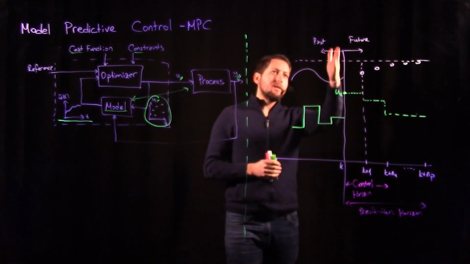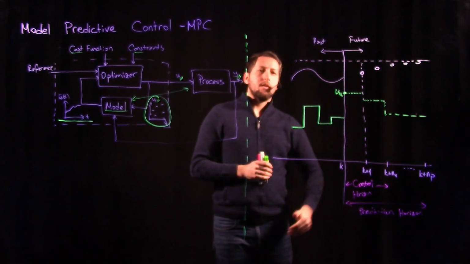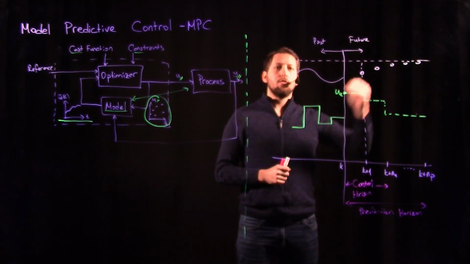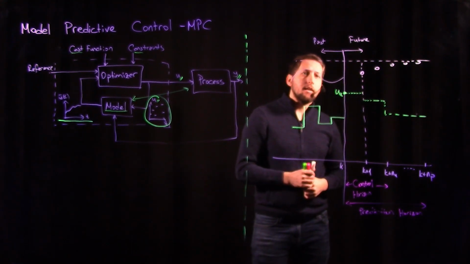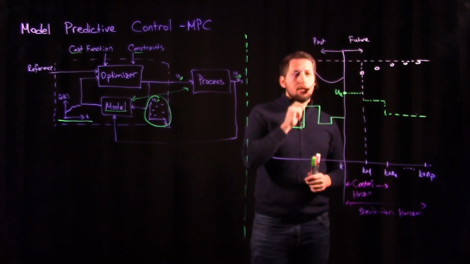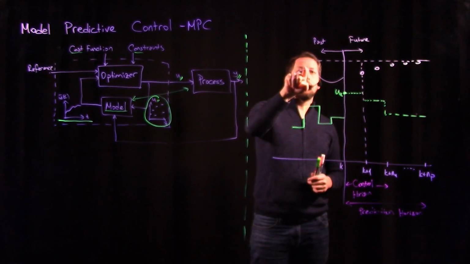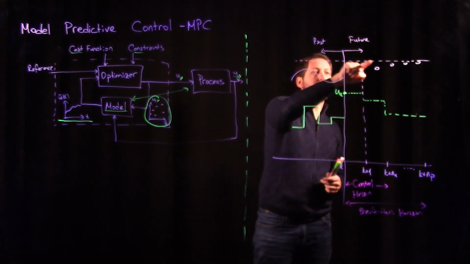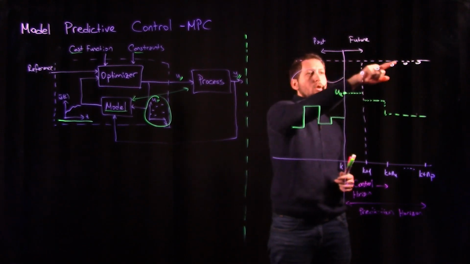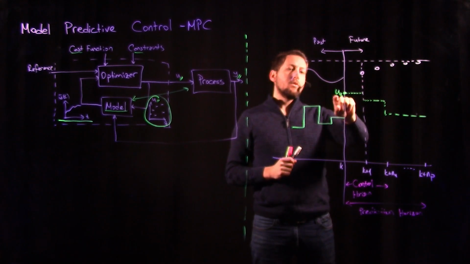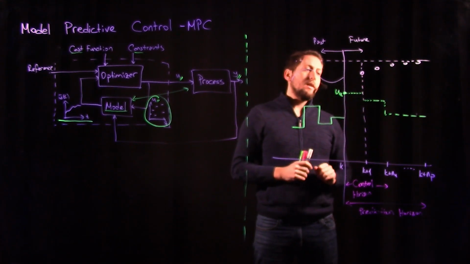Let's consider that we are at time frame k, and we have, of course, past signals, and a kind of future ahead of us. You see our input signal, our controlled variable output, and this is the reference signal. We are aiming to converge to the reference line above with respect to the input signal that we are applying.